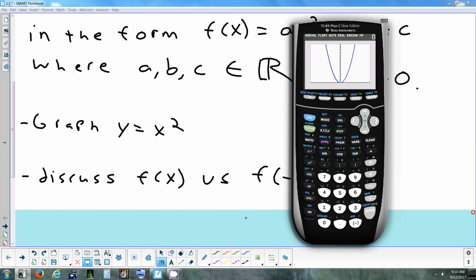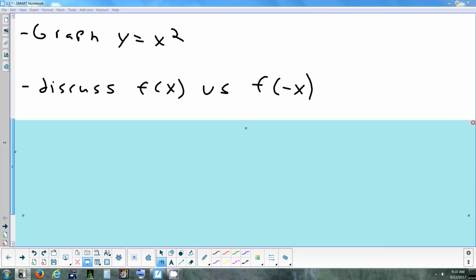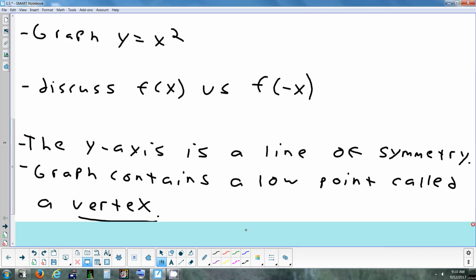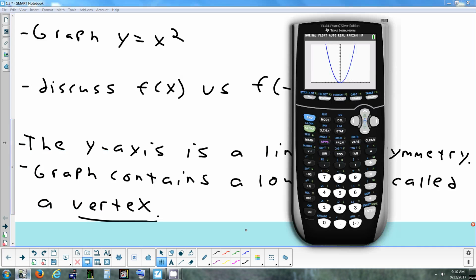This y-axis is something special in this picture. It's an axis of symmetry. So anytime that you can change x to negative x and the picture looks exactly the same, that means your y-axis is a line of symmetry.